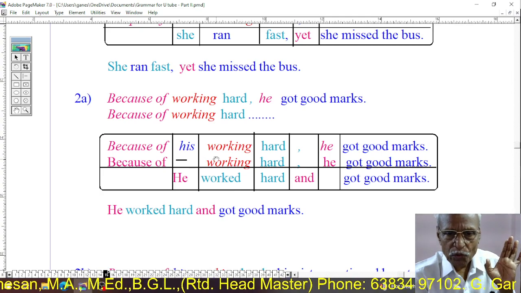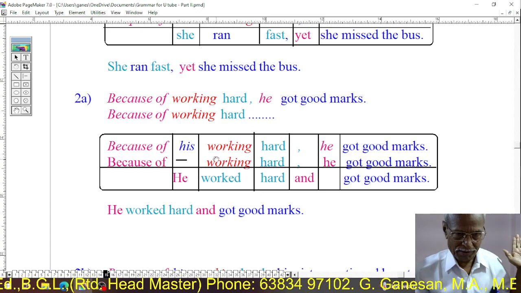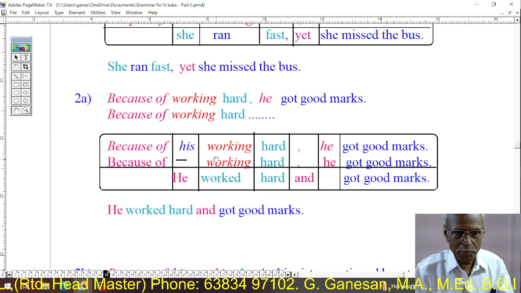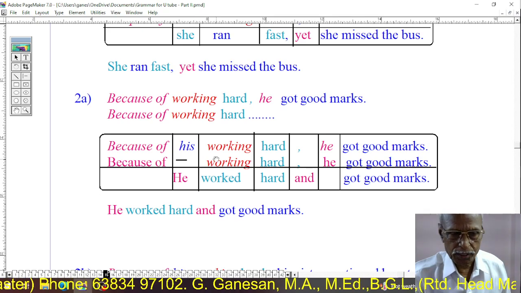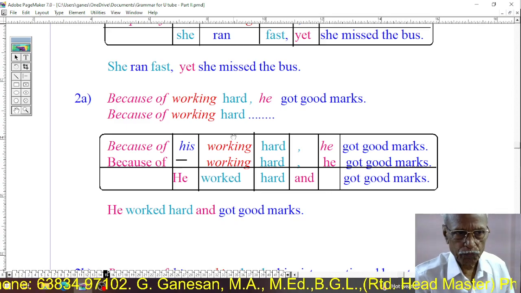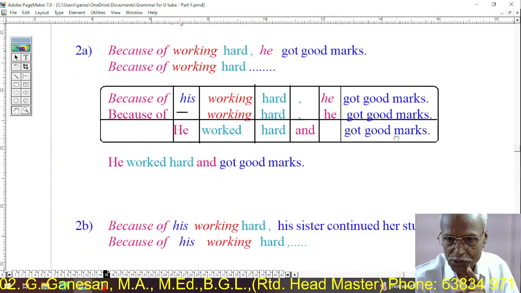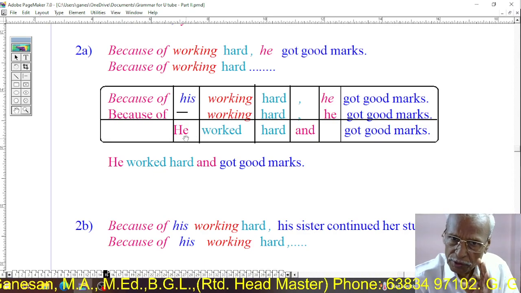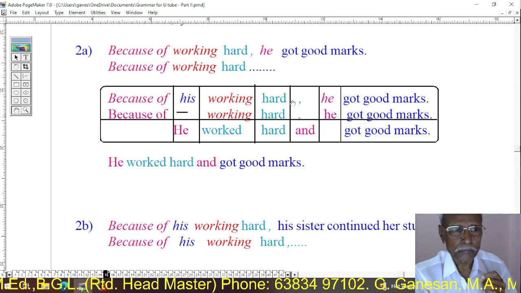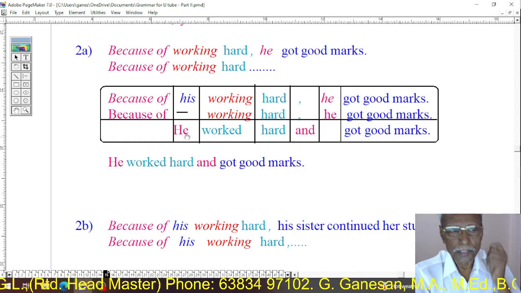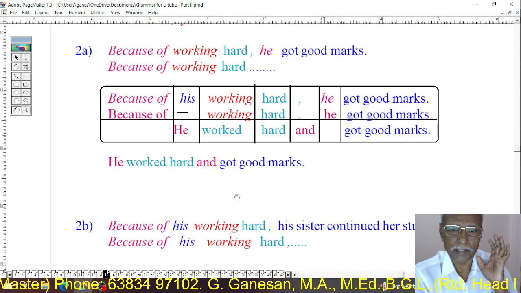So: he worked hard and got good marks. Or "and so got good marks." Dear students, as the subject in both sentences is the same, "he," it is enough to use the subject in the first clause itself. So: he worked hard and got good marks.